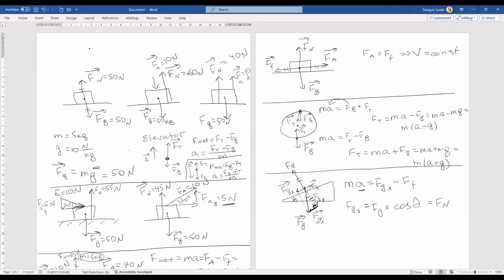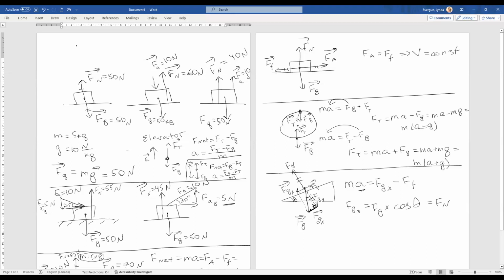So basically when you rearrange that equation, for the top position, force of tension will be difference between net force ma and force of gravity. So force of gravity is mass multiplied by acceleration of free fall. If you factor mass out, it will be acceleration minus g inside of the brackets.